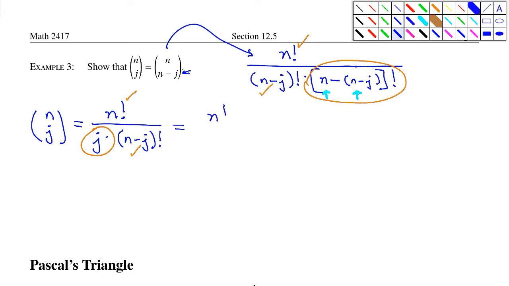We'll have n factorial over, let me move the term on the right to the left side here, n minus j factorial, times, and then what is j equal to? Well, j is equal to n minus n plus j. Here I've just added and subtracted an n from inside here. I forgot my factorial over here. I had the factorial symbol there.